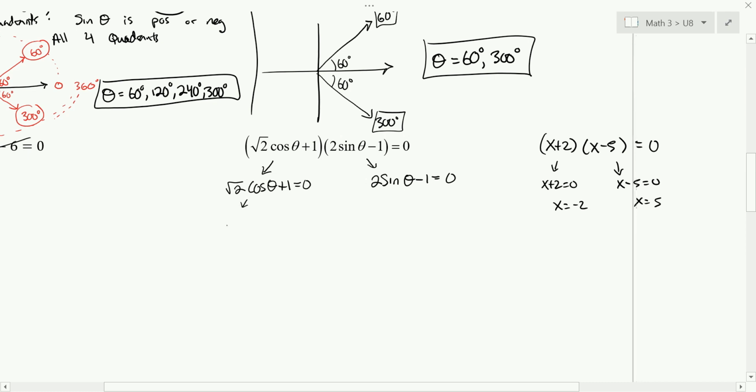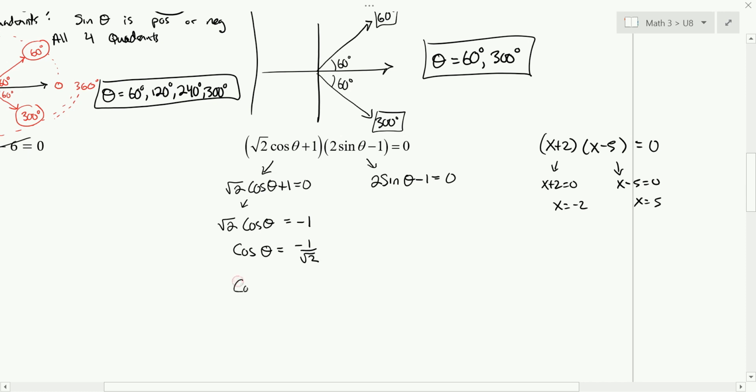On the left-hand side, I'm going to solve for cosine. And I get cosine theta equals negative 1 over root 2. Okay? How did I do that? I divided both sides by root 2. So you can simplify it further if you'd like.